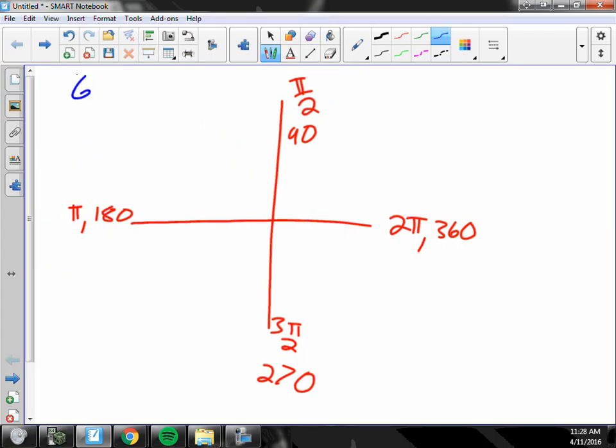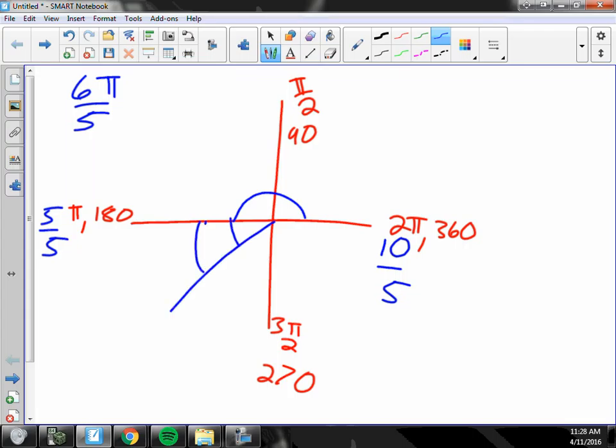Okay, what about 6 pi over 5? Is that going to be in the top half or the bottom half? Why the bottom? It's bigger than 1. So this would be 5 over 5, and this would be 10 over 5. So I'm going to rotate to 5 over 5 and 1/5 more.